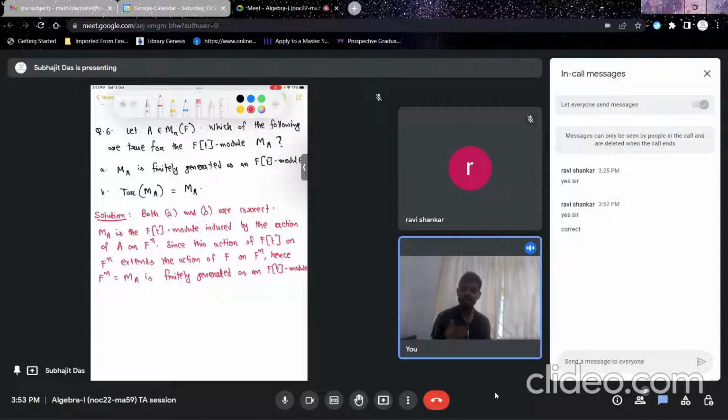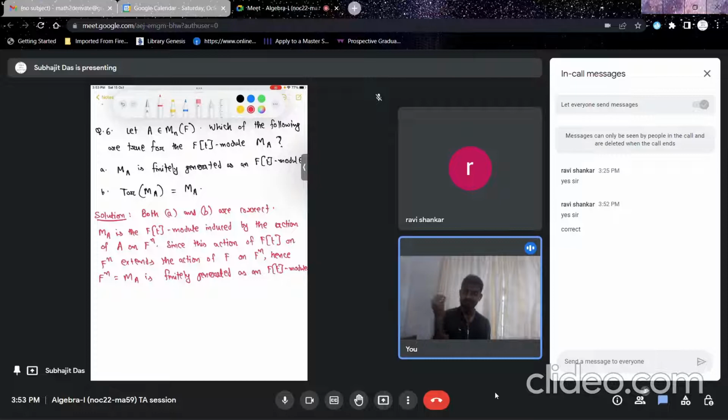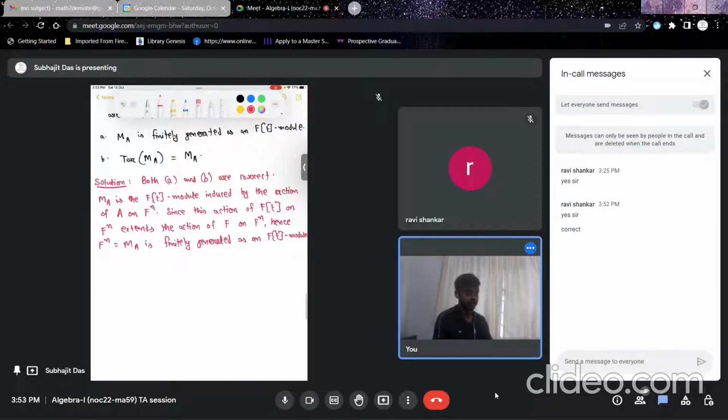Since F generates Fn, F[t] will also generate it. The generating elements are E1 up to En, the coefficients are supplied from F, and this will give you Fn in its entirety. The reason is that F[t] contains F. So Fn is finitely generated as an F[t] module.